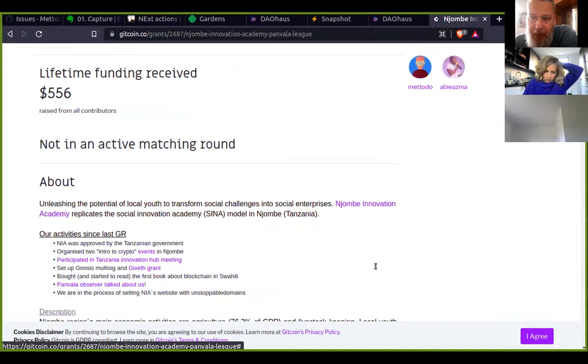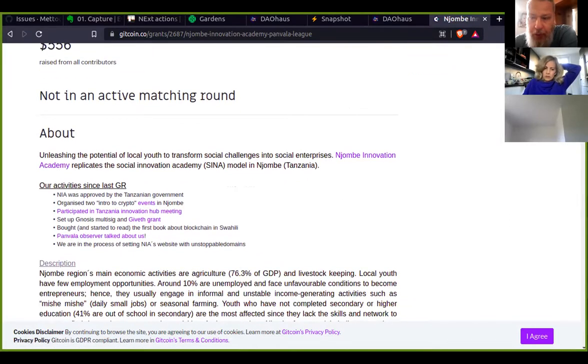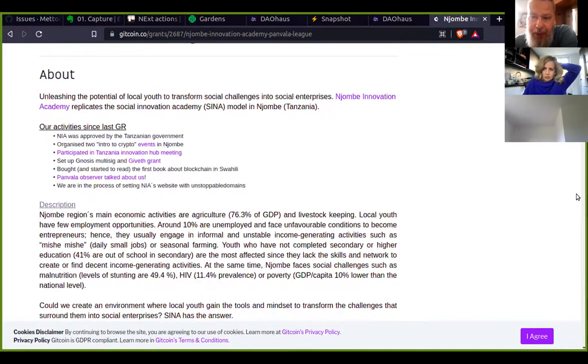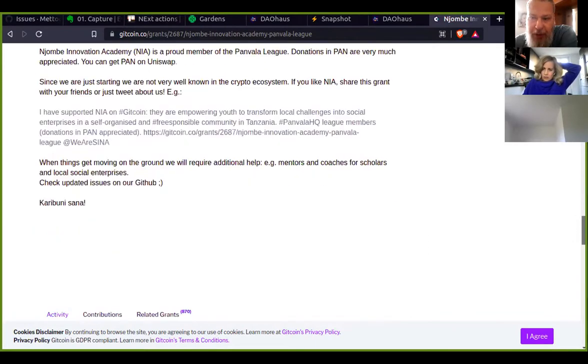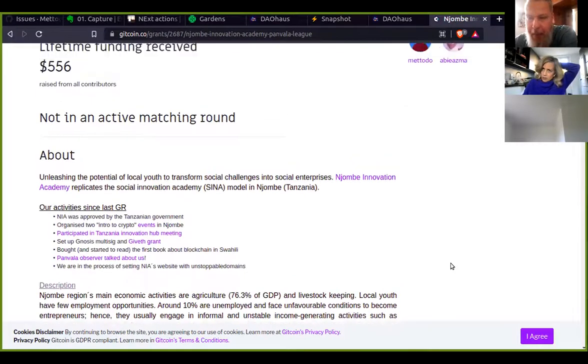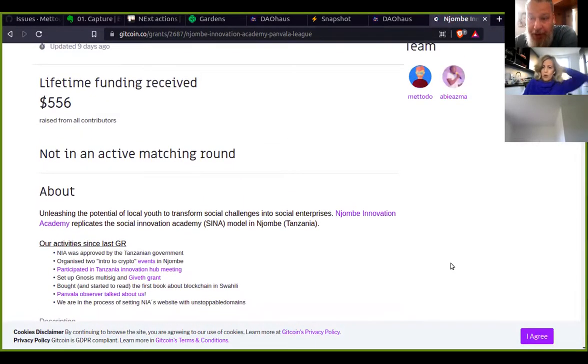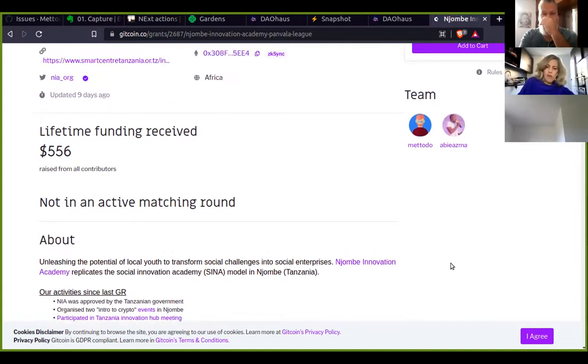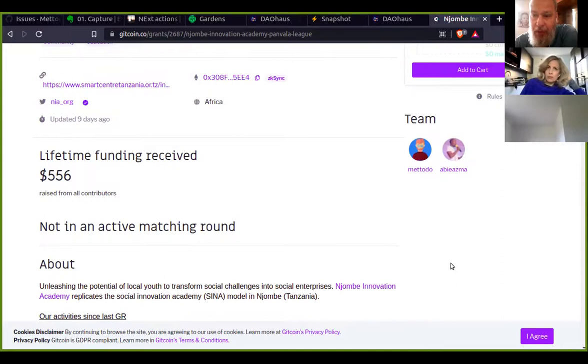Were you active for GR11, or already since GR10, GR9? We started in GR10. We also joined the Panvala League, which is a community of communities who share extra matching.